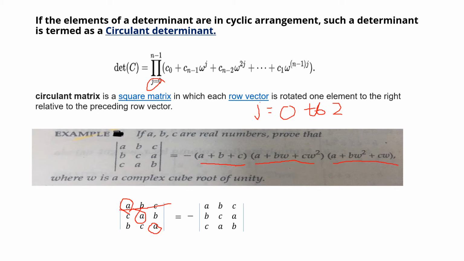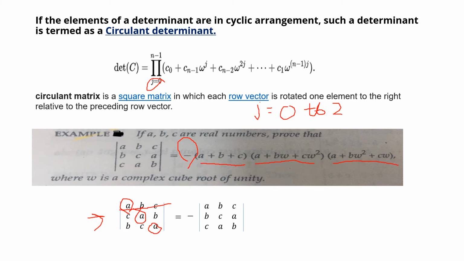Now you have to understand where this minus is coming from. This minus is coming because they are asking you to calculate the determinant for ABC, BCA and CAB. But the formula is valid for the circulant matrix.